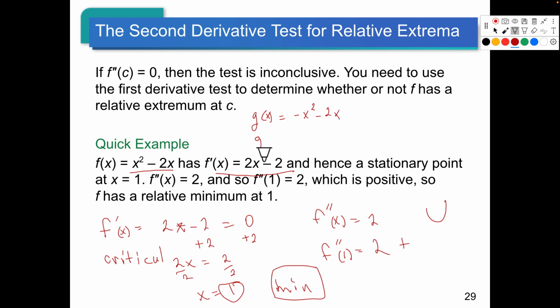My first derivative is going to be negative 2x minus 2, and then my second derivative of g would simply be negative 2. Since the second derivative is always negative 2, it is concave down, so it would be a maximum. And with x squared, if we see it's got a negative leading coefficient, it's always going to be concave down. All right?